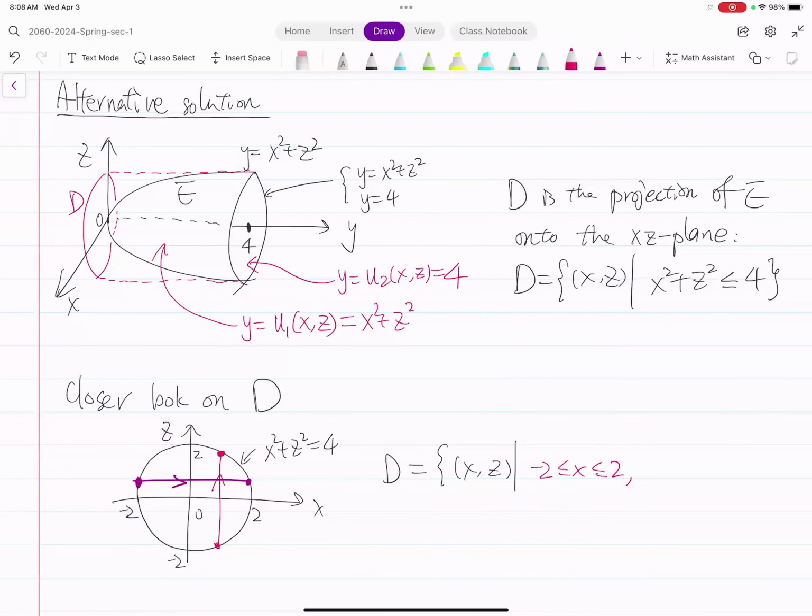And then my z value is cut between the upper and lower semicircles, right? So here z must be, the upper bound is the square root of 4 minus x squared. The lower bound is the negative solution. Right.